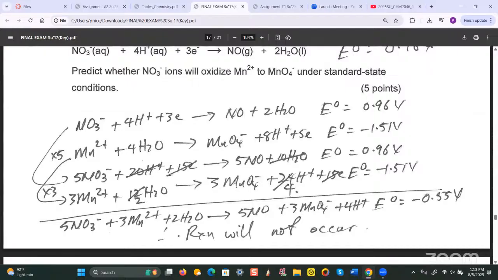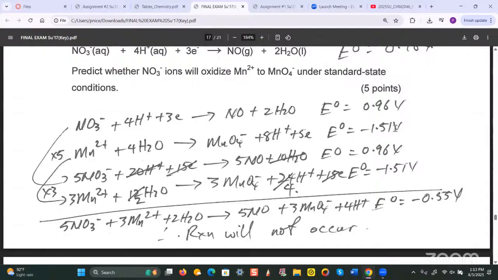Again, let me just say this. I remember stressing this earlier, and I'm going to stress it again. Whenever you multiply any half equation by any number, the EMF values are not affected. That's very important for you to remember. A common error that students make is that they multiply the EMF value by the numbers they multiply the equations by.